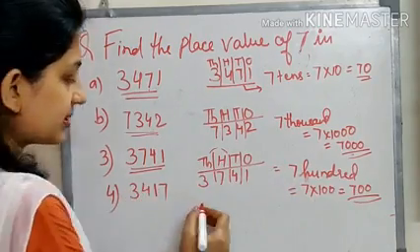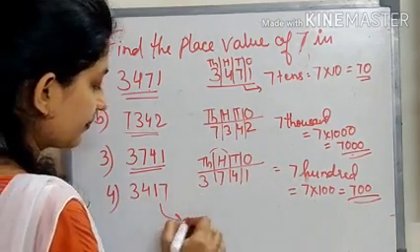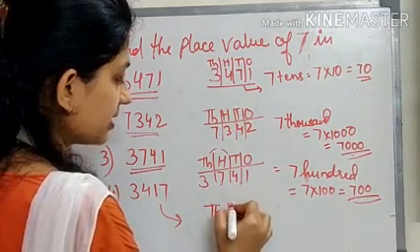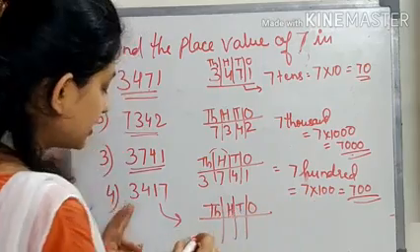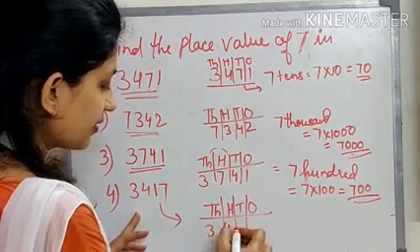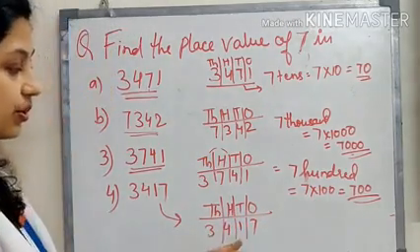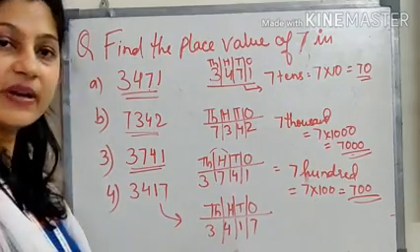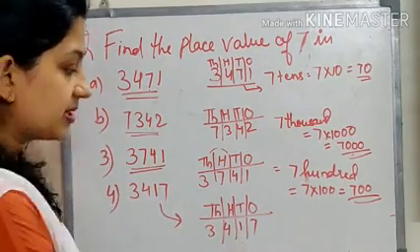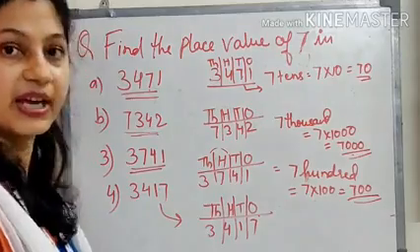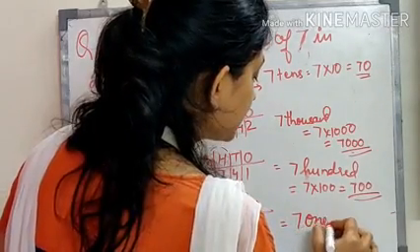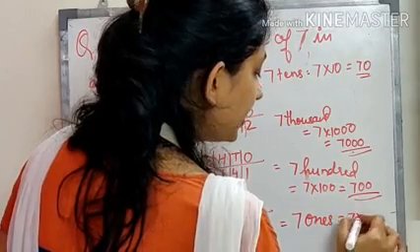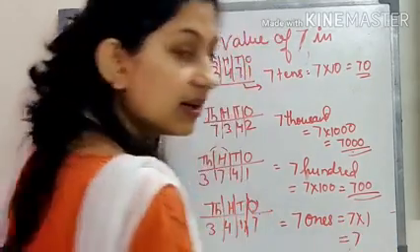And in this case, students, see this one. 1,000, 100, tens and ones. See what the number is: 3,417. Now tell me, where is 7 placed here? Here 7 is placed in the ones position. So the value is 7 ones, that is equal to 7 into 1, that is 7.